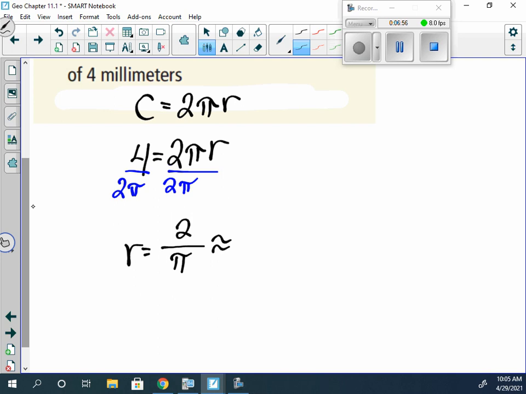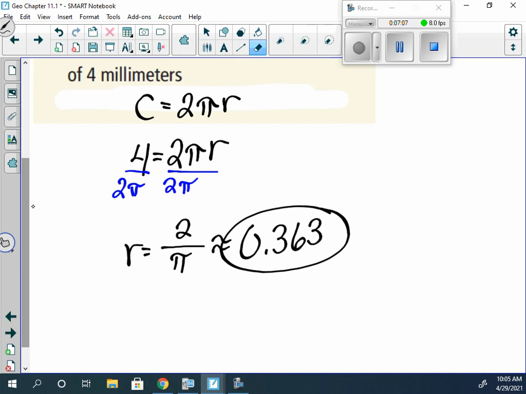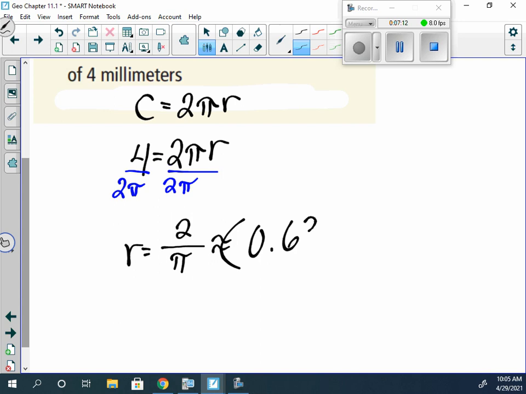Or if we plug this into the calculator, 0.636. I got them flipped, because I said 0.636 and then wrote 0.363. Any questions on any of this? Are we good with this so far?